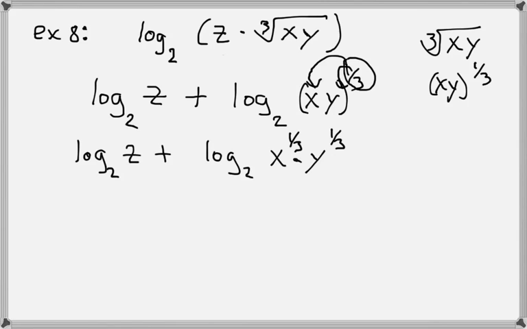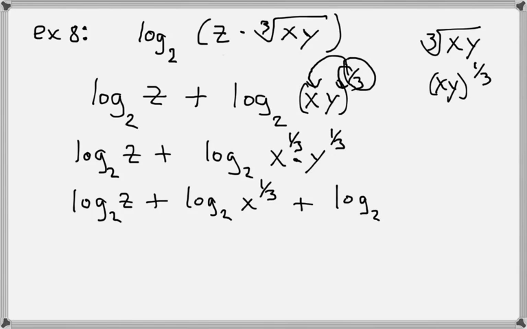Again, we have multiplication in here, so we can expand into another log. So we have a log base 2 of z plus a log base 2 of the x to the 1/3 plus a log base 2 of the y to the 1/3.